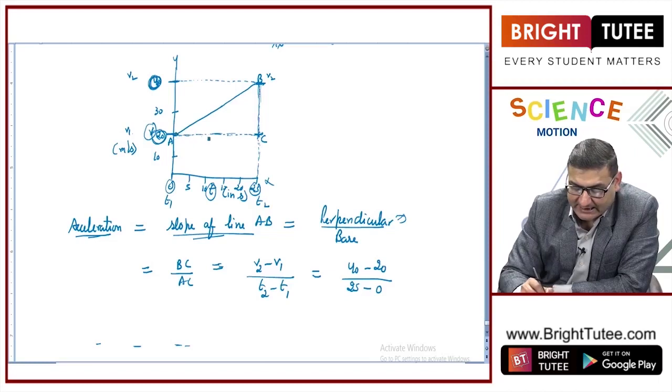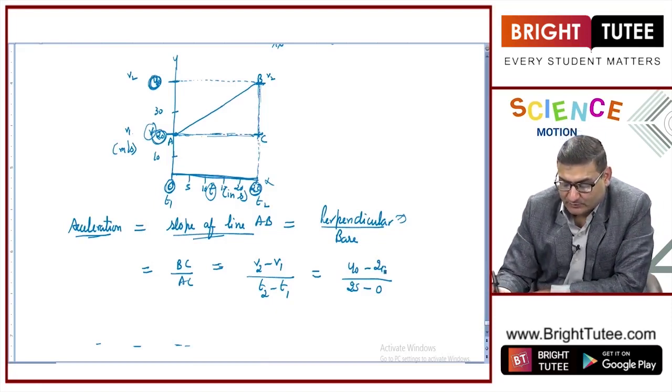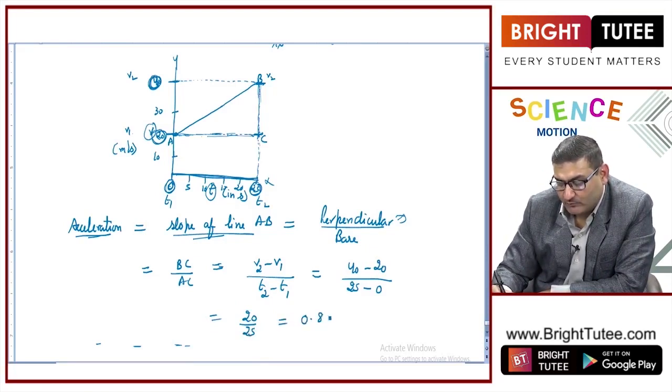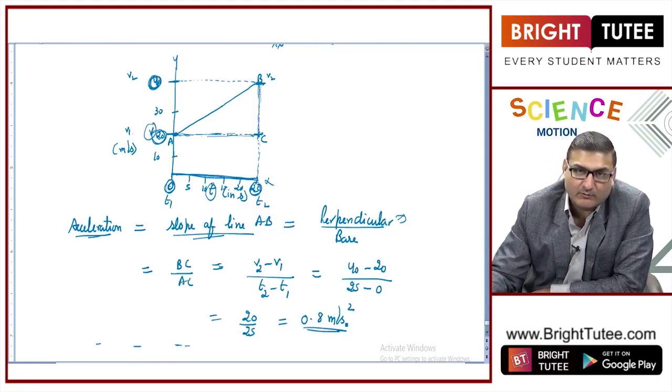Similarly, AC is equal to this much part, the higher value 25 minus the lower value, T2 minus T1. Clear? So, here we simply get 20 upon 25, or 0.8 meter per second square. Unit is important because we are calculating acceleration, so we will put the unit meter per second square.